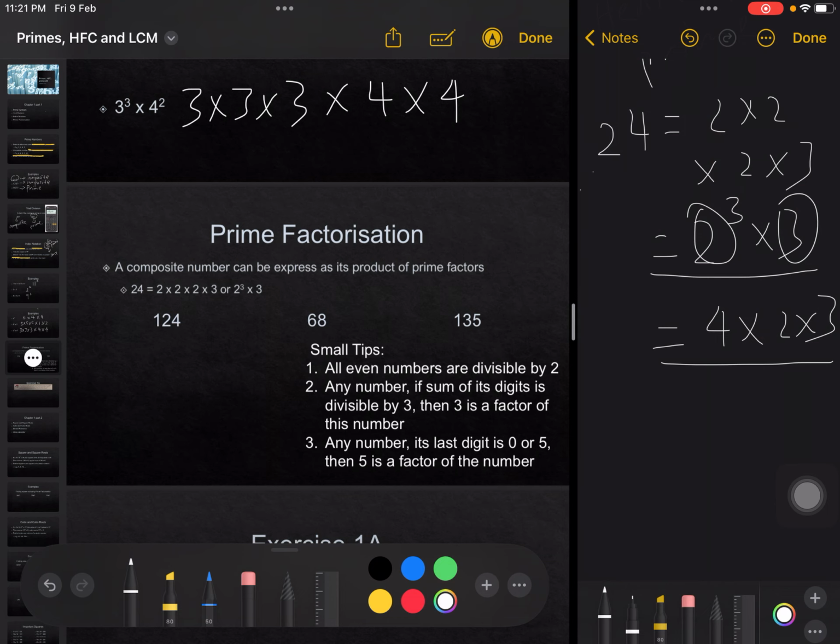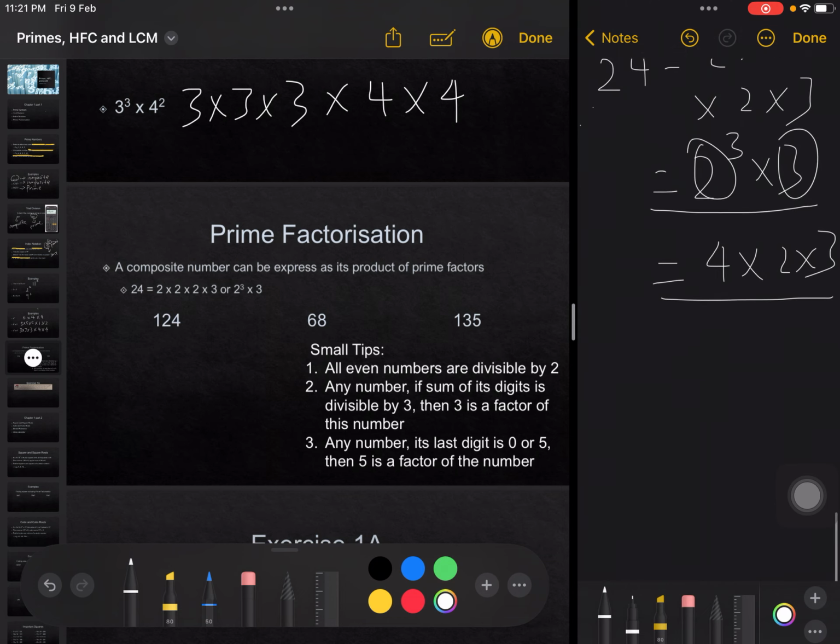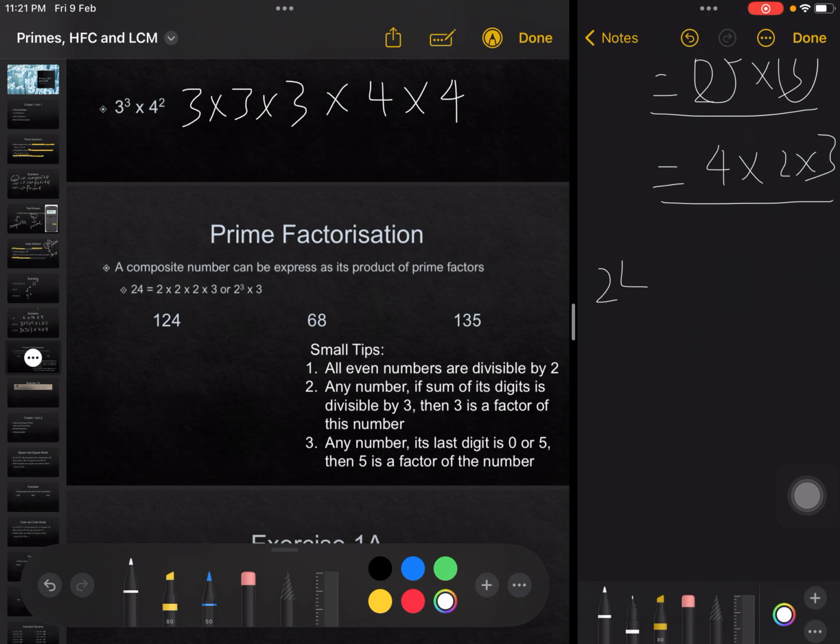This is just factorization. 24 is also equal to 3 times 8, correct? But is this a prime factorization? No, it's not. So we need to take note that when we do prime factorization, we make sure that the factors are prime numbers. Some prime numbers are 2, 3, 5, 7. These are the common prime numbers that we have.